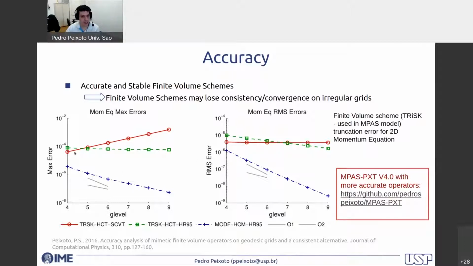So the red line is what MPAS does. This is the truncation error, the consistency error, right? And then, for example, the momentum equations is 0th order, right? In the root mean square error, and it can go to minus 1 order here. So I built my version of MPAS, which is this MPAS PXT with more accurate operators.